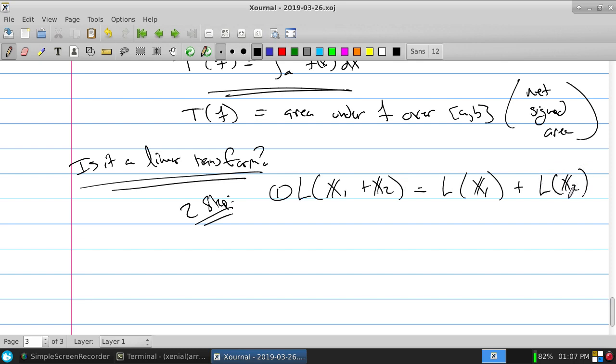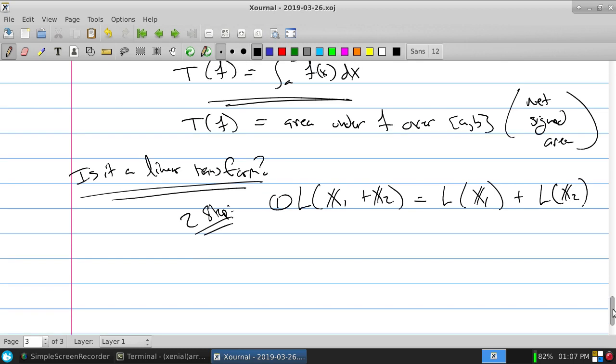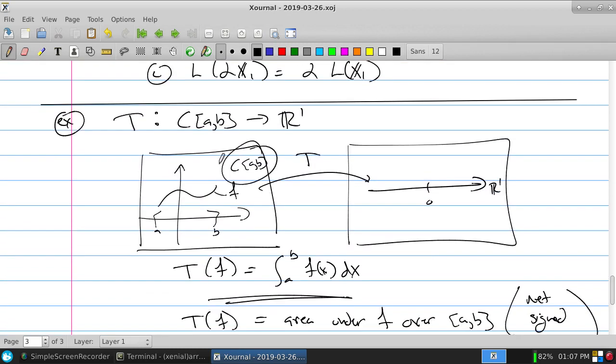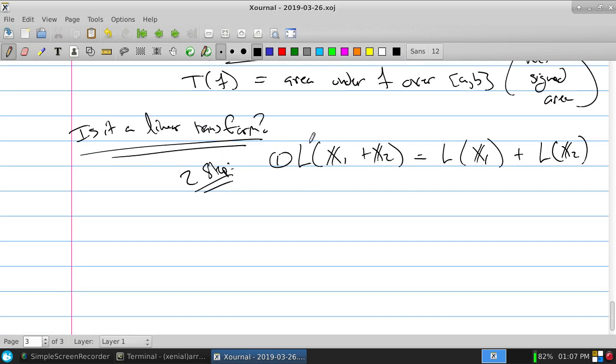Is that true? All right, well, first off, what's a vector? What space am I in? Continuous functions. So what's my object? It's a continuous function. So what do I want to study? This T of x1 plus x2 is really, if you integrate from A to B, of f1 plus f2 dx. Right? Well, what's one of the properties of integrals?